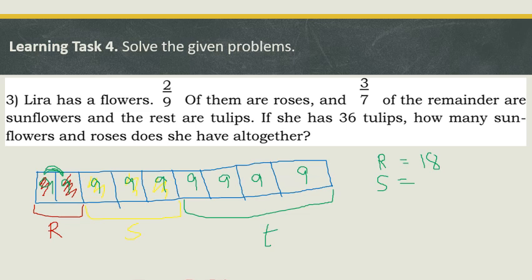Ang sunflower, tatlong parts siya. 9 plus 9 plus 9 is 27. Ang tanong, ilan daw ang sunflower at roses kapag pinagsama? Ito po ay 45. So, there are 45 sunflowers and roses all together.